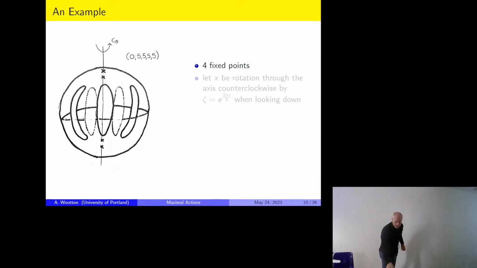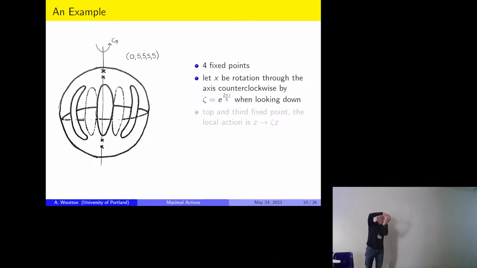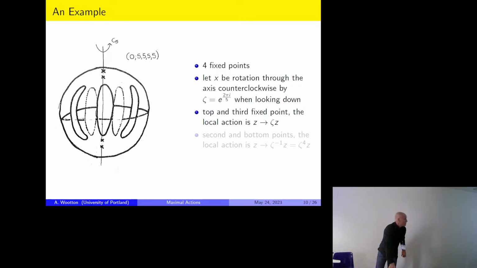Now, if I choose x to be the generator which rotates by e to the 2 pi i over 5, so it rotates exactly 1/5 of the way through when I'm looking down at this in a counterclockwise direction, then my top point here and the point where the axis pierces through the bottom are going to be rotation through that same angle.